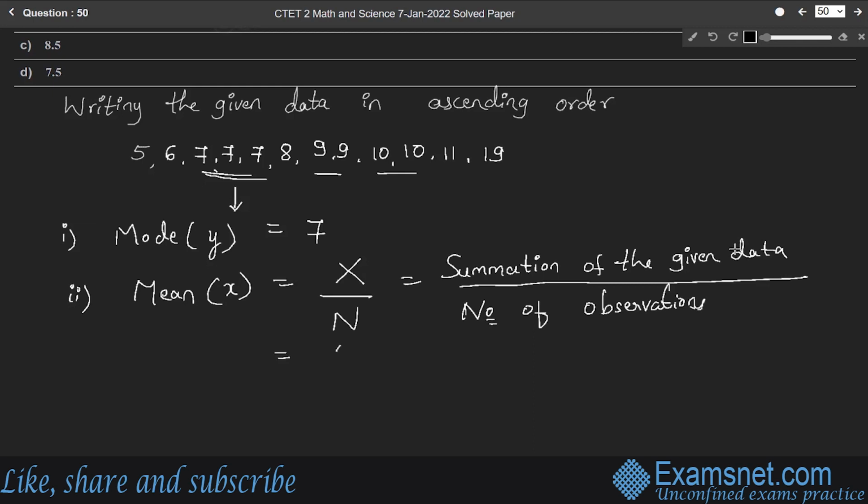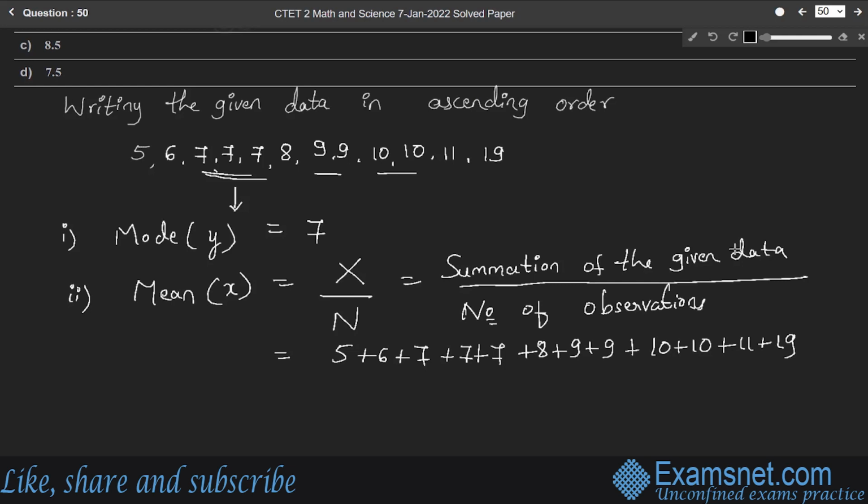It is 5 plus 6 plus 7 plus 7 3 times, plus 8 plus 9 plus 9 plus 10 plus 10 and 11 and 19.